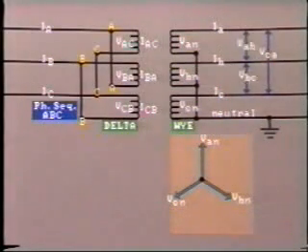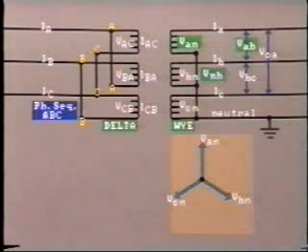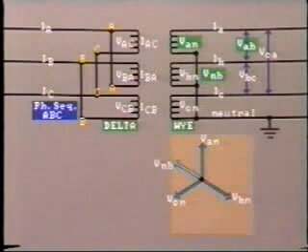But what about the line-to-line voltages? For example, line A to B. To get VAB, we go from line A to neutral, VAN, and from neutral to line B, VNB. VNB is the reverse of VBN.